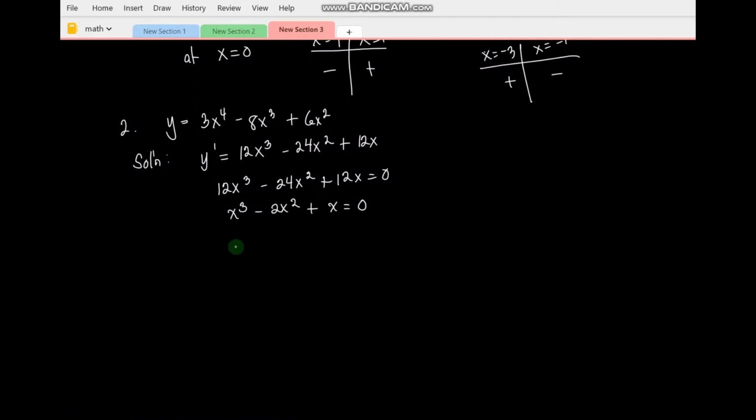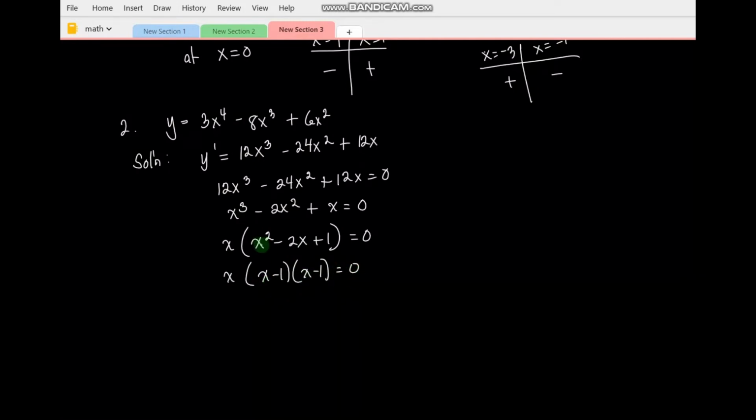Then we can factor out x. So x cubed divided by x is x squared. Negative 2x squared divided by x is negative 2x. X divided by x is positive 1. So x times (x squared minus 2x plus 1) equals 0. Then this can be factored as x minus 1 times x minus 1.